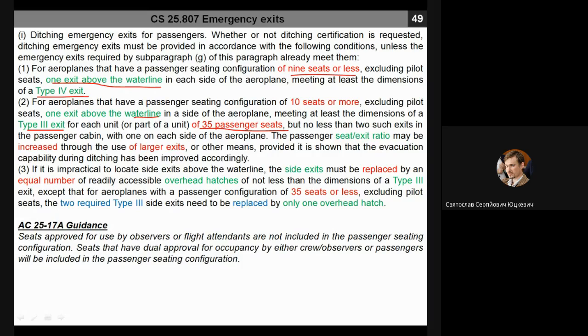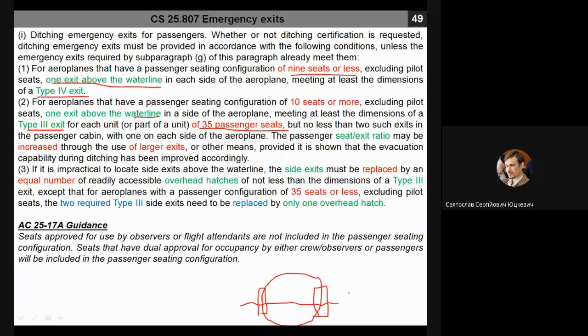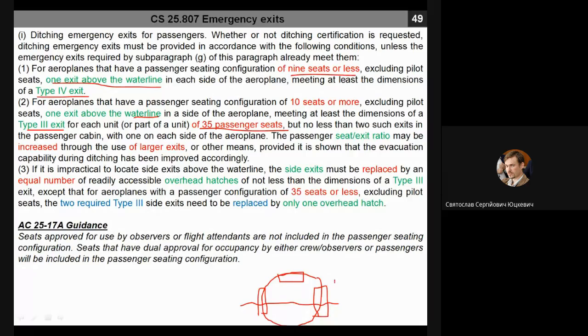And if we have side exits that are under the water, you could replace them with overhead hatches. So as an example, you have two type 3 exits from the left and right side, and all of them will not be approved for ditching. So that's why you could use a hatch that allows evacuating 35 passengers through it as a type 3 door.